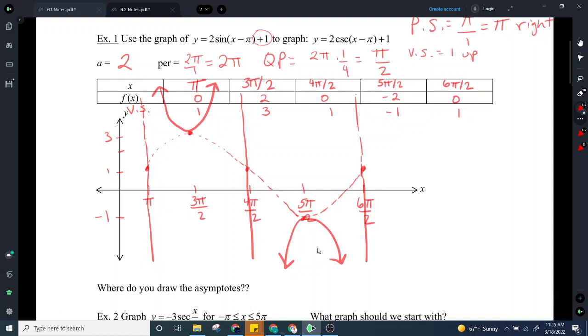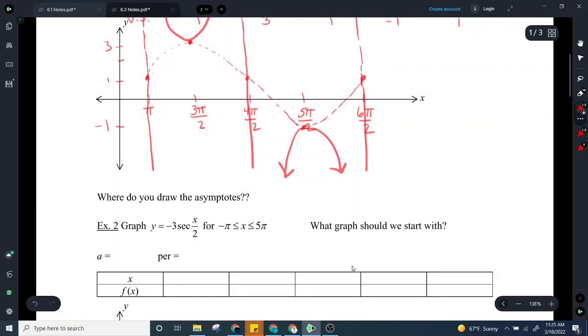And if we were to keep going, we would just repeat these branches wherever we have the maximum and the minimum values, okay? So where do we draw the asymptotes at? At the original locations for the x-intercepts.